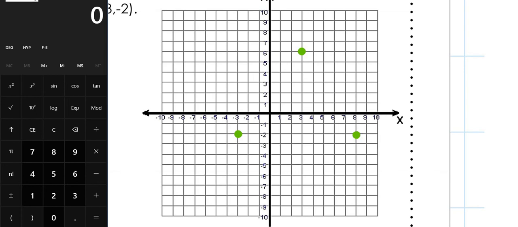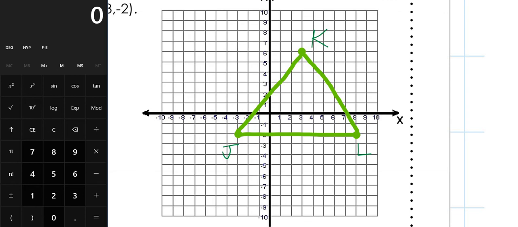I'm going to go ahead and label these as well. So I have J, K, L. I'm also going to connect. Okay, so here are my side lengths.